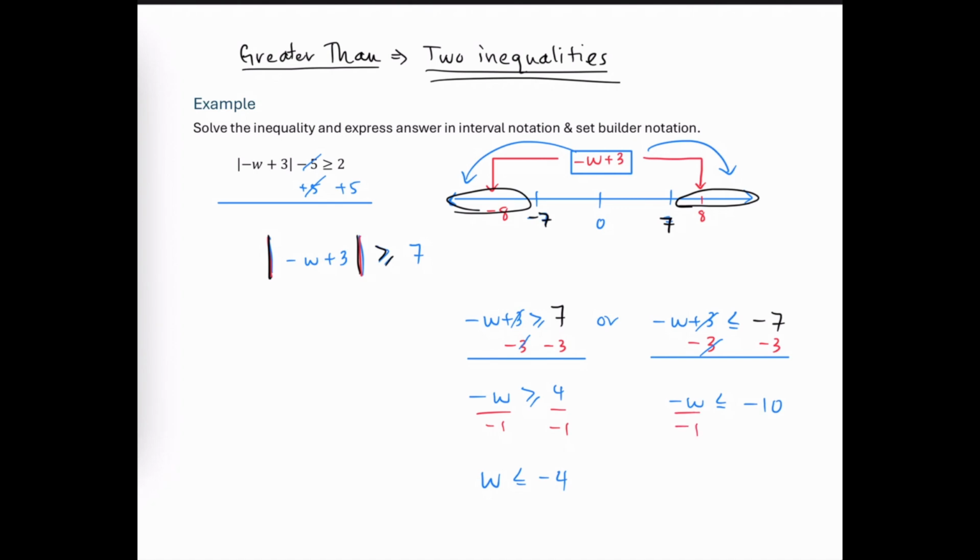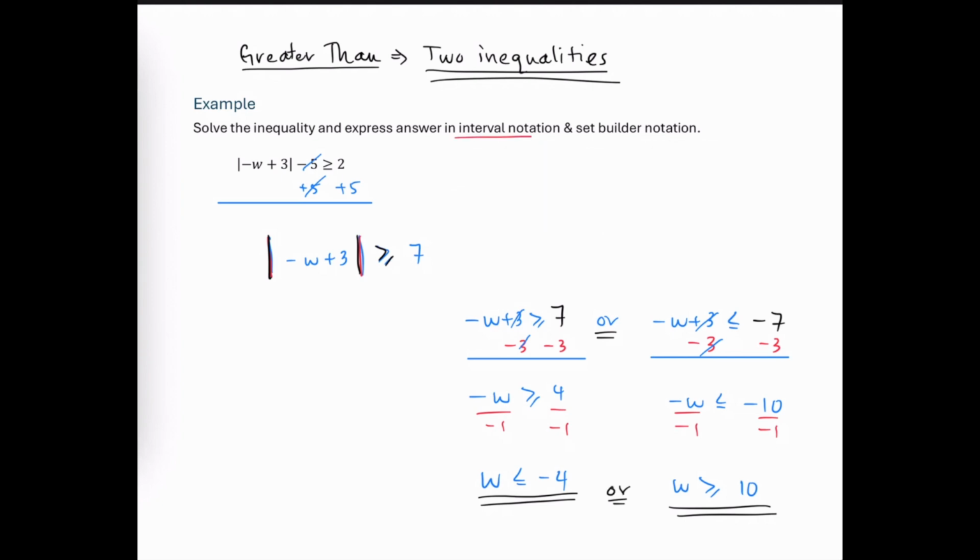And when we divide both sides by negative 1 to solve for w, again, we'll have to reverse the direction of the inequality and get positive 10 like this. So our w values could be less than or equal to negative 4 or greater than or equal to positive 10.